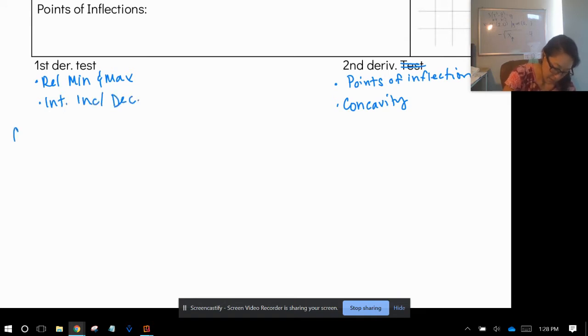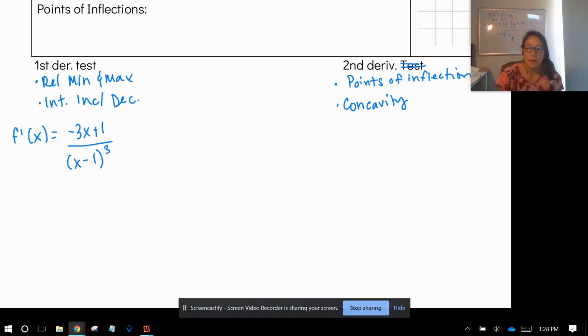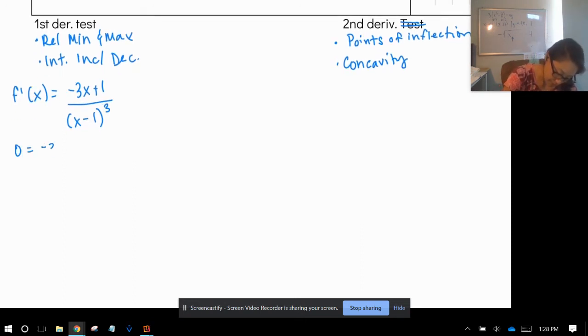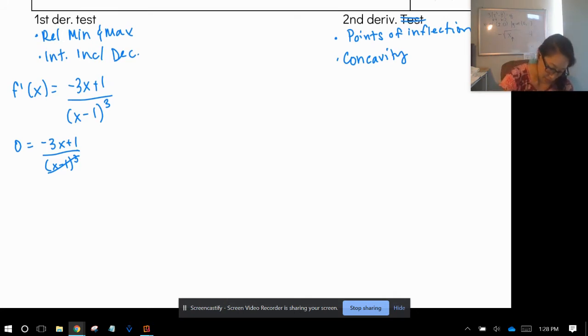Okay, so f prime of x is given. It is negative 3x plus 1, although you can take a derivative, over x minus 1 not squared but cubed. Now, how do we find our critical numbers? We plug in 0 for f prime of x, so negative 3x plus 1 all over x minus 1 cubed. I know that the x minus 1 cubed, when I multiply it with the 0, is going to cancel it out.